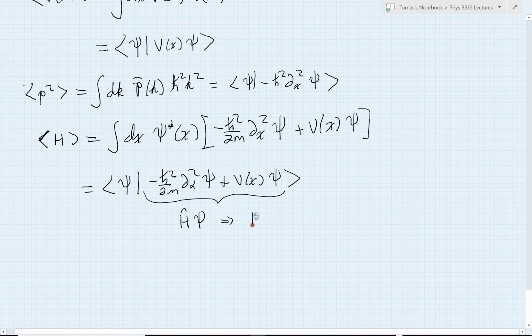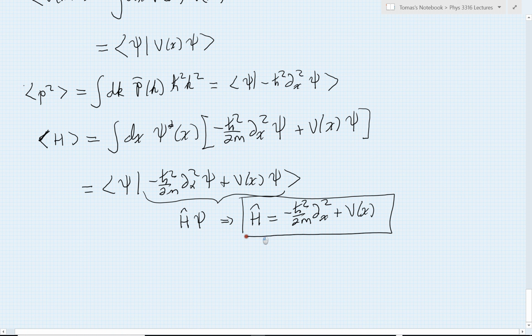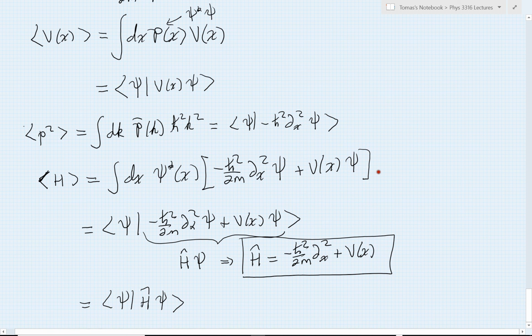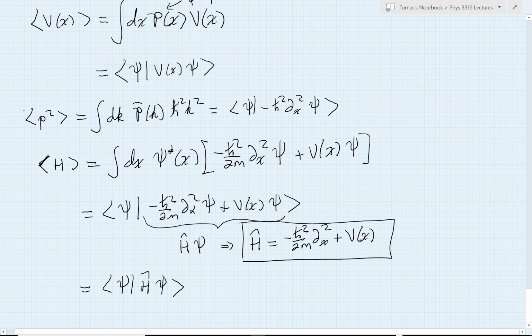And therefore, if we want to write this as an operator, it says first do minus h bar squared over 2m times the second derivative of whatever function I'm operating on, and then add to that result the potential V of x multiplying that same wave function. So that then gives us our Hamiltonian operator, which we can, of course, always use in calculating averages of our Hamiltonian in the standard way. Very good. So that covers then the basic construction of operators.